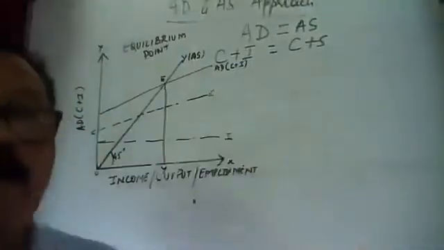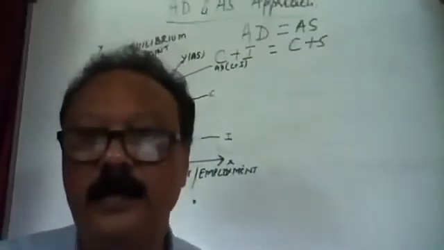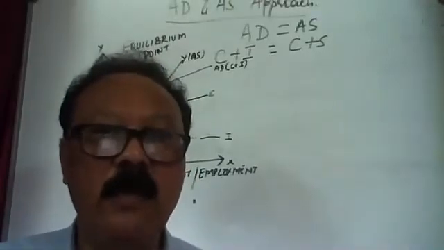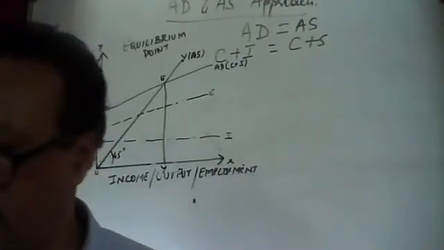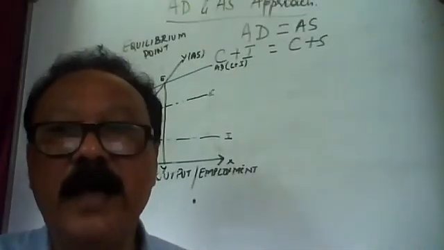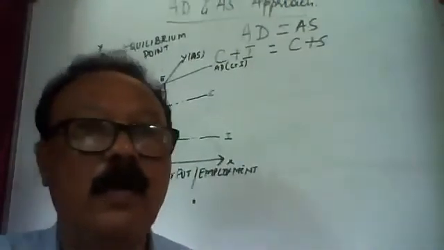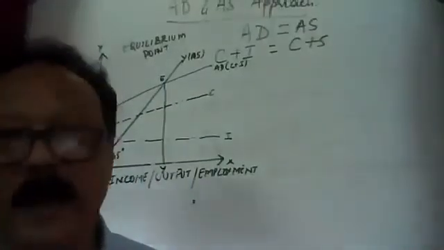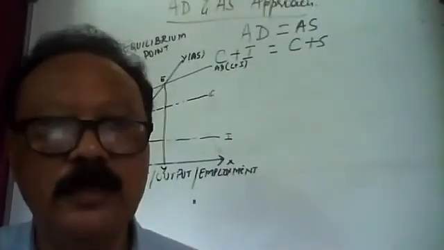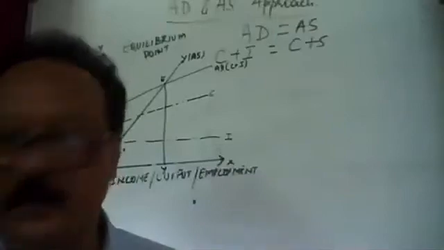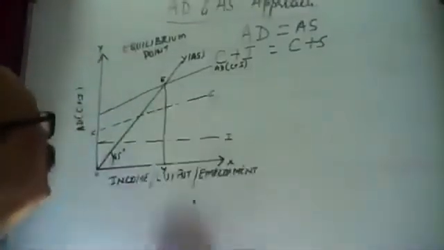Now, at point E, the economy is in equilibrium because the level of the desired spending on consumption and investment, that is EY, if you look into the diagram here, EY exactly equals the level of total output, OY.